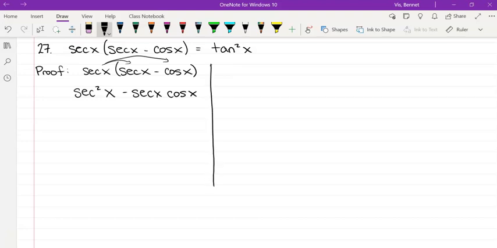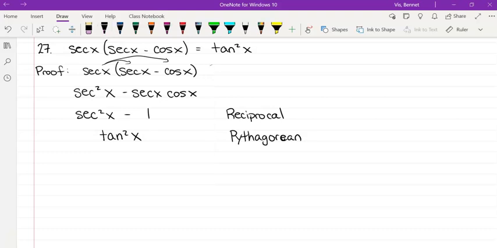But secant times cosine, those are reciprocals of each other. So I have secant squared of x minus secant times cosine, that's just 1. Reciprocal property. And secant squared of x minus 1 is tangent squared of x. Hey, that was a quick one. Justify Pythagorean property, and therefore shorten that line there.